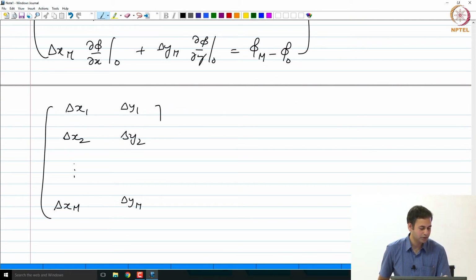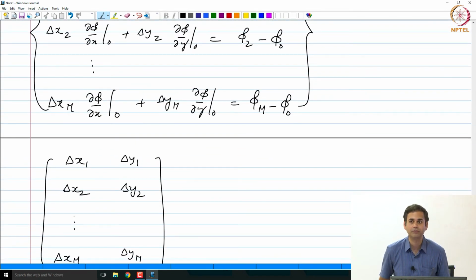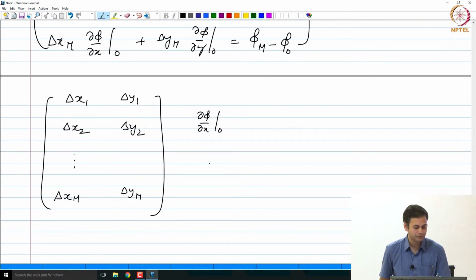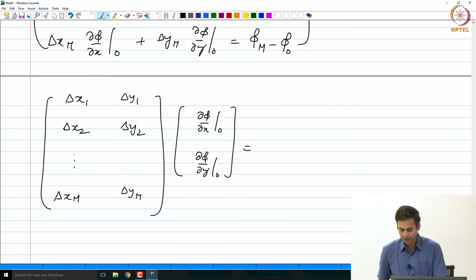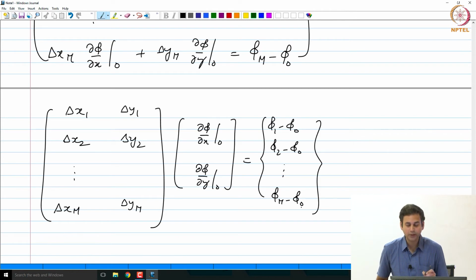This is my matrix times what would be the other vector that I have? Partial phi partial x0, partial phi partial y0. Should this be a column vector or a row vector? Column vector. Equals what would be on the right hand side? Phi 1 minus phi 0, phi 2 minus phi 0 and so on, phi m minus phi 0, right. This is what I have.